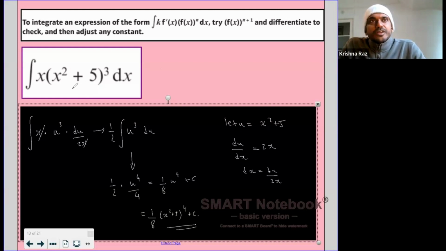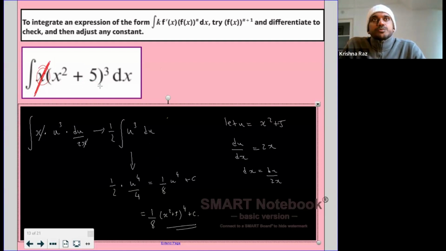So this reverse chain rule is just us looking at the pattern and seeing, well, actually, if I make this substitution, this bit will cancel, and this bit will remain at the end.